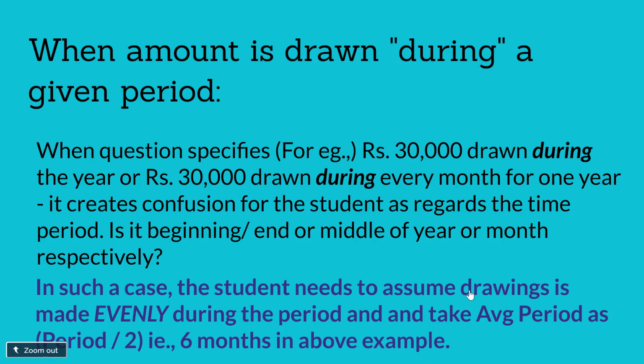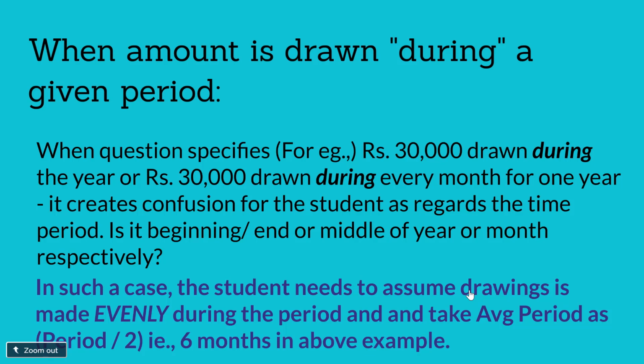Now, the assumption which we need to make in such a case is that the drawing is made evenly during the period, and to calculate the average period, whatever the period is, that amount has to be divided by 2.